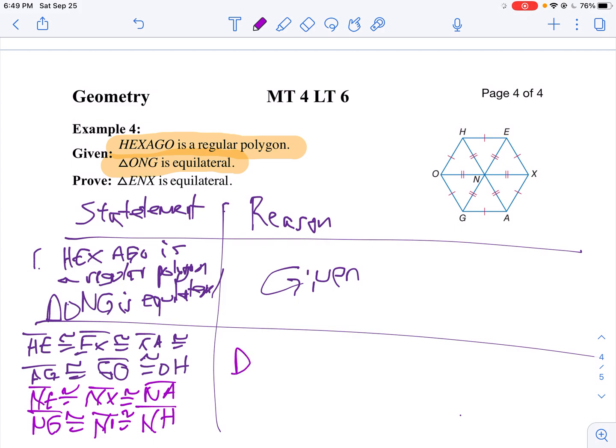And all of that is the definition of a regular polygon. All the sides are congruent, and it's the same distance from the center.